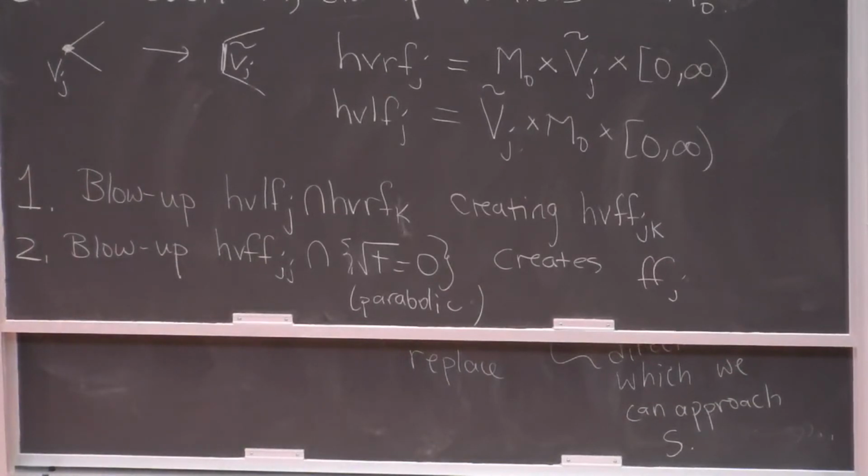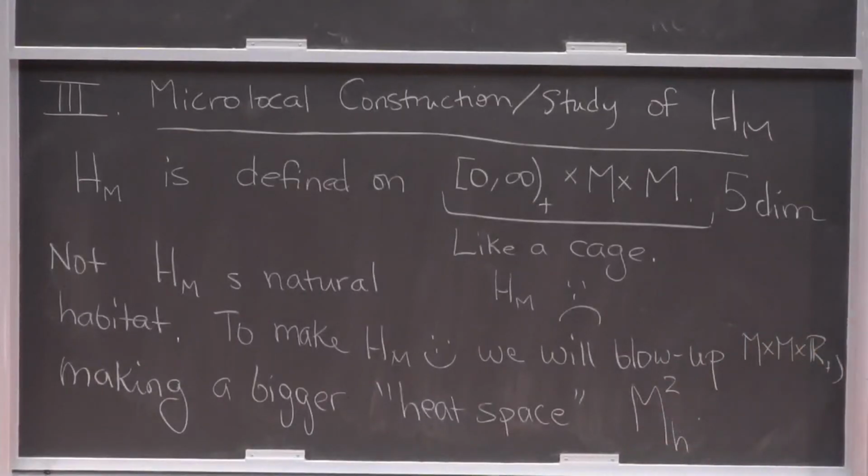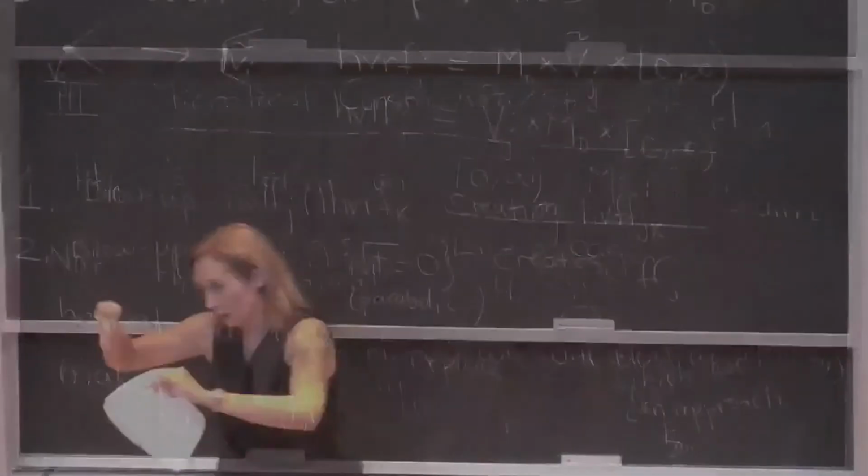In our space, this thing has 5 dimensions. So that means we can blow up anything that has dimensions 0, 1, 2, or 3, but not things of dimension 4, because they're already of the maximal dimension.